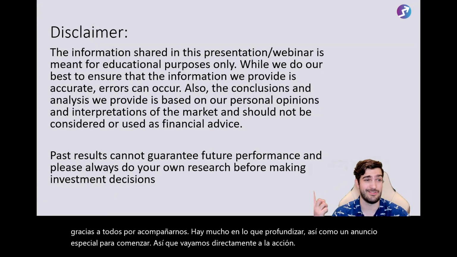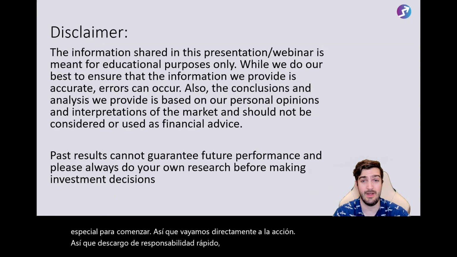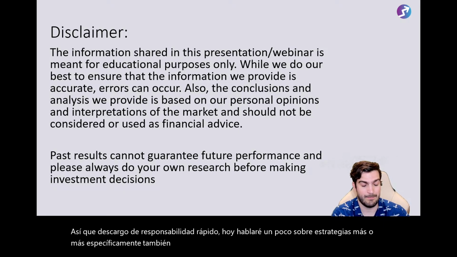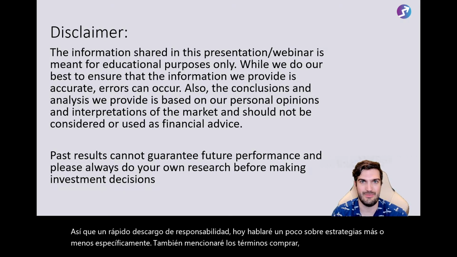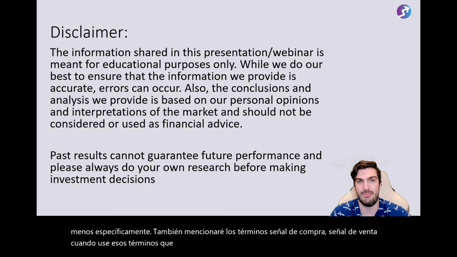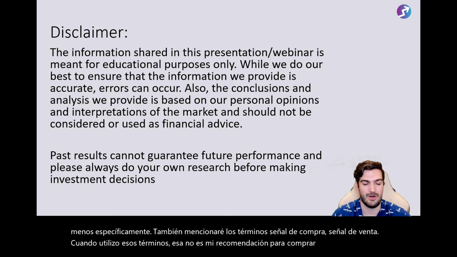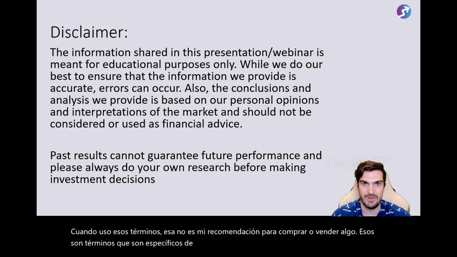So, quick disclaimer, I will talk today a little bit about strategies. More specifically, I will also mention terms: buy signal, sell signal. When I use those terms, that is not my recommendation to buy or sell something. Those are terms that are specific to P&F. We did not coin them, those are just standard terms that are used.